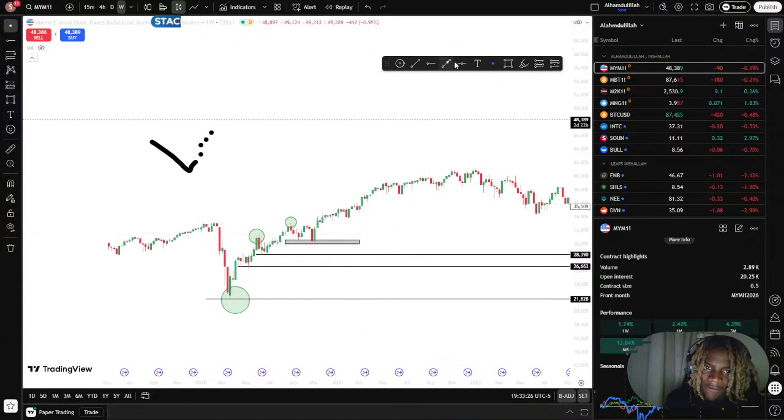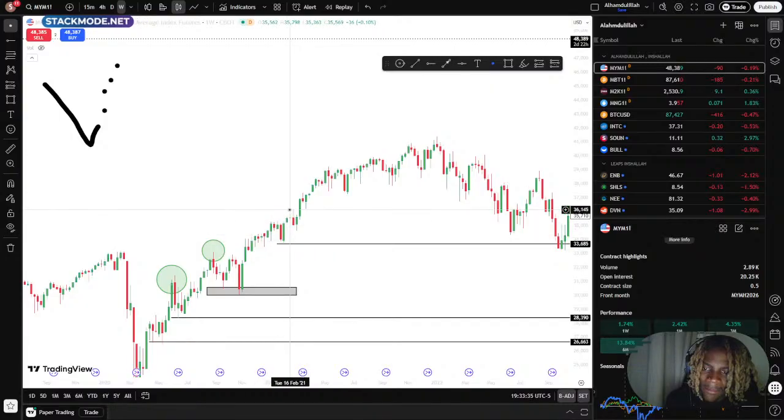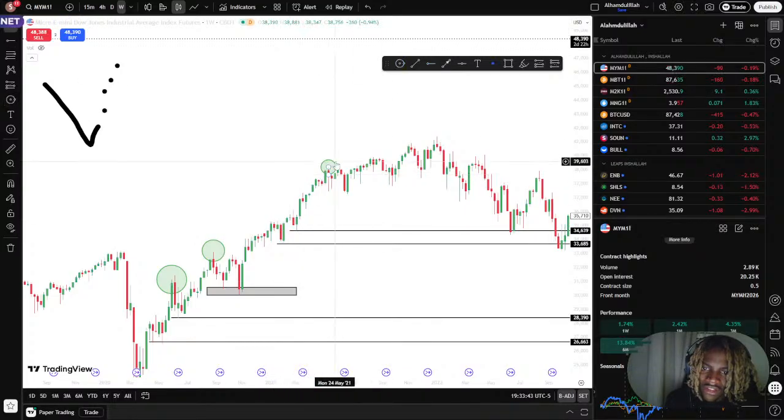Got price coming up here. Looks like price stopped towards this top, bottomed out right here, and then kept going. Right here, came up, stopped at this red candlestick, pulled down, made a low right here. Stopped up here, pulled down, made a new low right here.